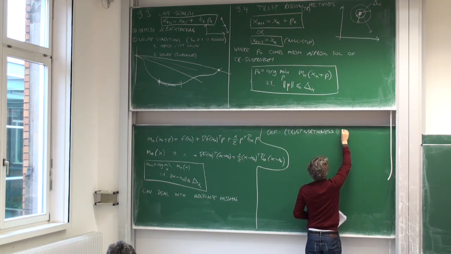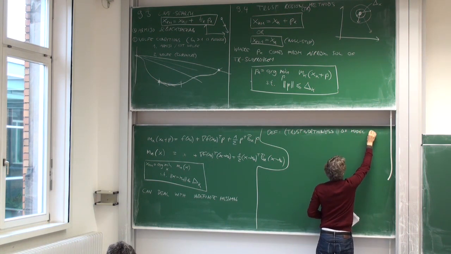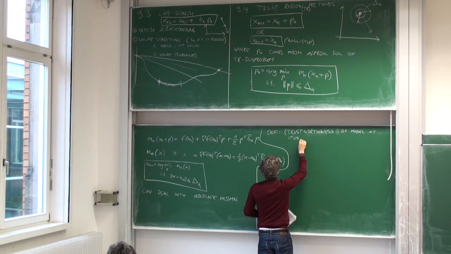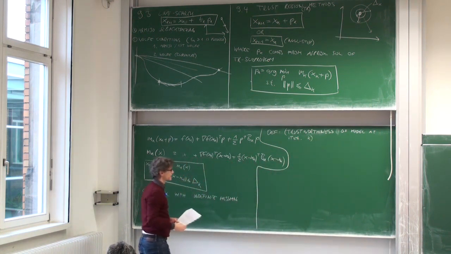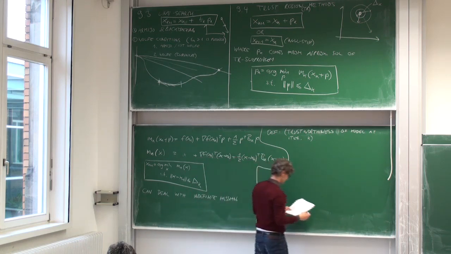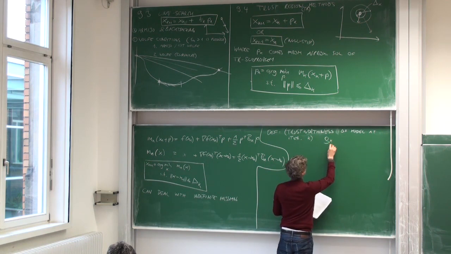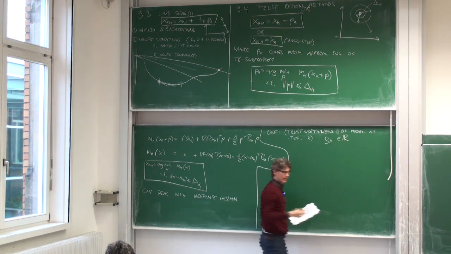It's the trustworthiness of a model at iteration k. The trustworthiness is defined as the difference of two quantities. Actually, we call it rho k. So it's a real number that can be positive or negative.